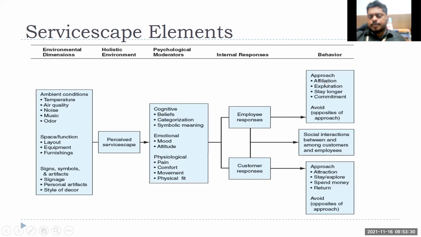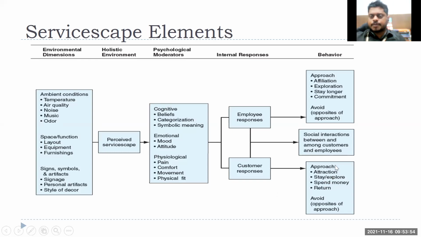So their behavior, what we expect from customers: they are attracted to that facility, they stay and explore, and the more time they stay and explore, the better. Obviously, depending upon the facility, if it is a hospital, it is not that we want our patient to stay or explore. But if it is a restaurant or a museum or a theme park, they spend money.